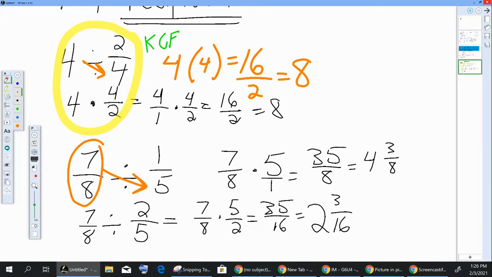And if I took the time to figure it out, I would know that 2 3/16 is actually half the size of 4 3/8. Because remember, my group size of 2/5 is twice as big as 1/5.